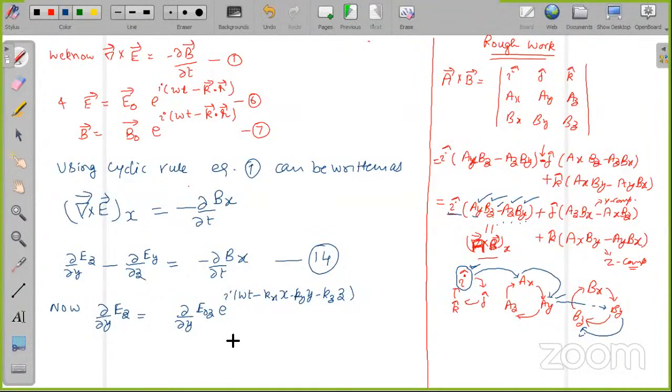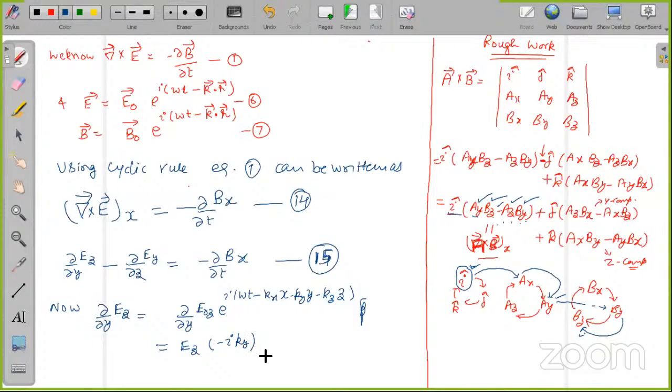What should this be? Sir, it can be Ez minus iota. What should be the multiplier? Minus, sorry, k. Yes, thank you. It will be Ez minus iota ky. Is it okay? Yes, sir.